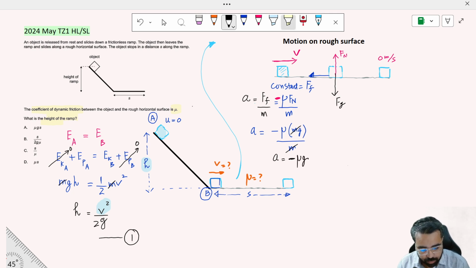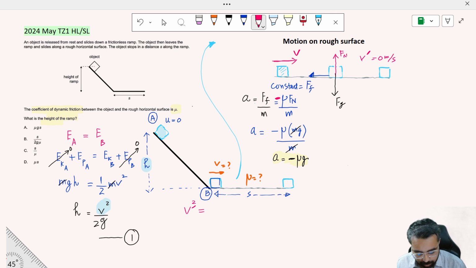Now, once we have this acceleration, let's apply the kinematics equation in order to find this velocity, and then we can find the height. So can we apply this equation? v² is equal to, in fact, let me say v prime, because at this point I'm calling this v prime.